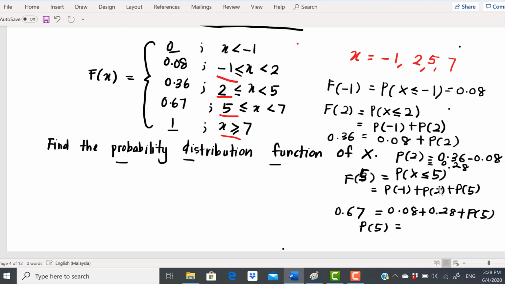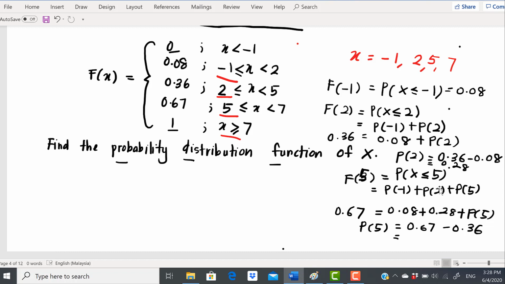Or we can say that we can subtract 0.36 from 0.67.